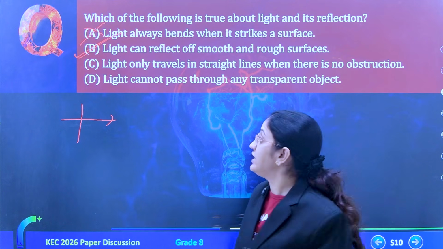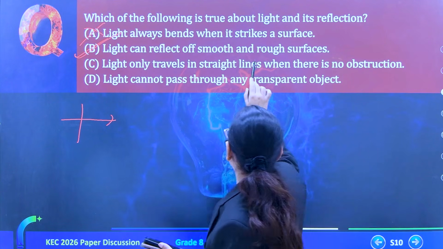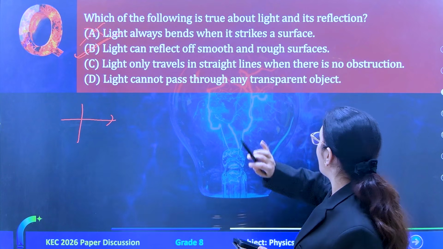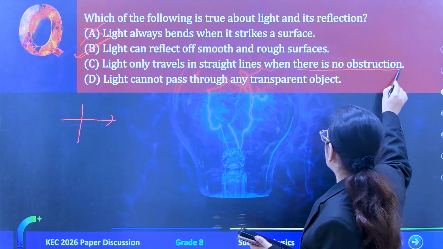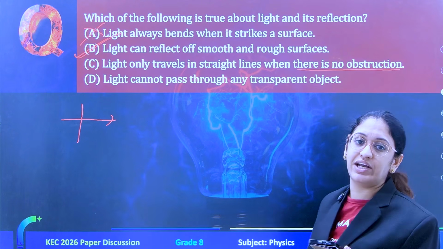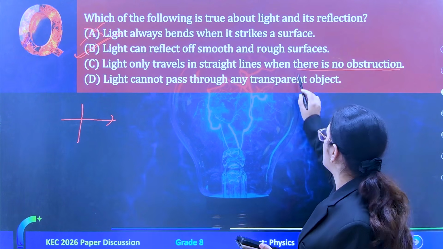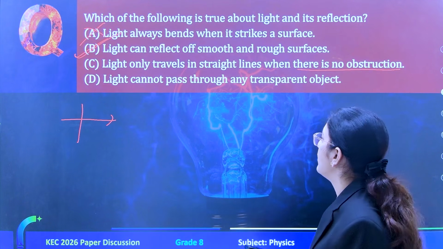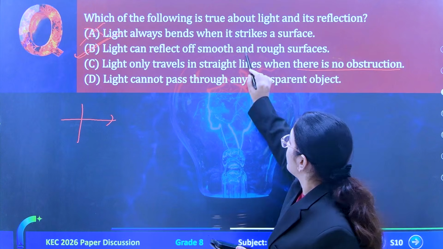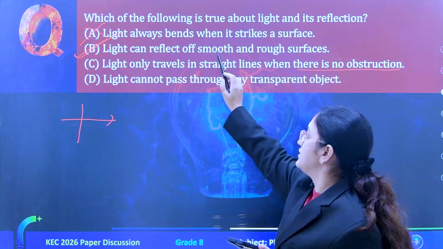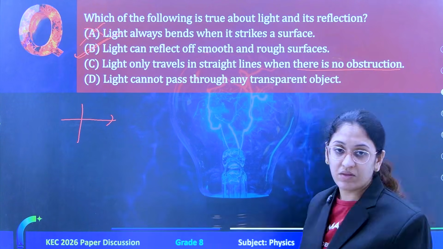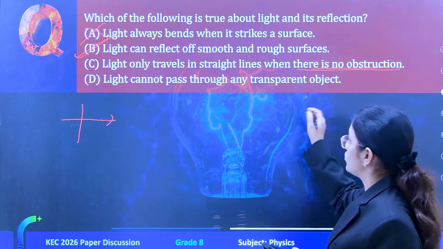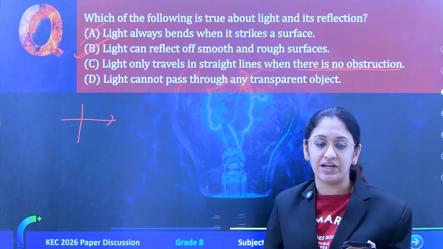Option B. See why? Because light always travels in a straight line when there is no obstruction. Light always travels in a straight line. When there is an obstruction also, light travels in a straight line. So there is no need for no obstruction. The most appropriate answer is option B. When there is an obstruction, is it traveling in a straight line?